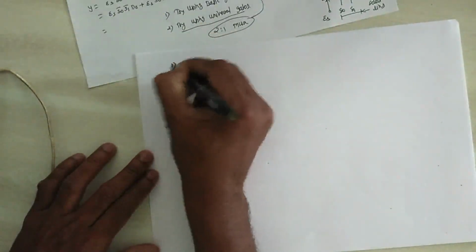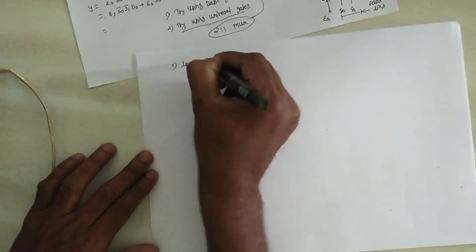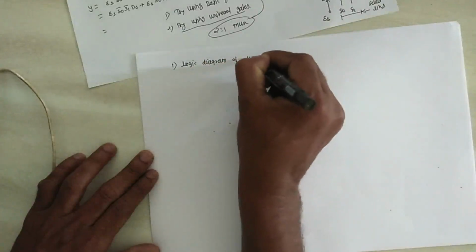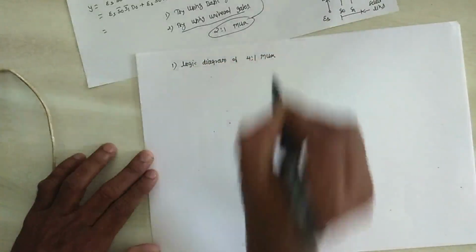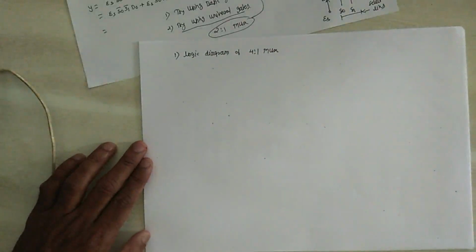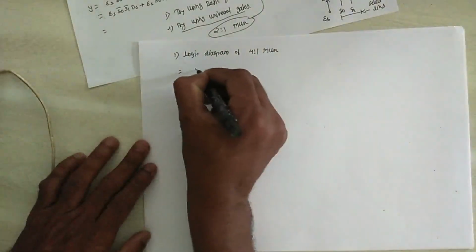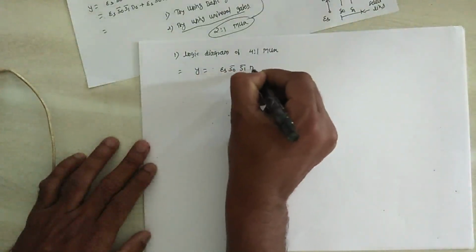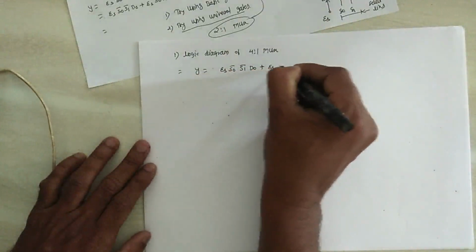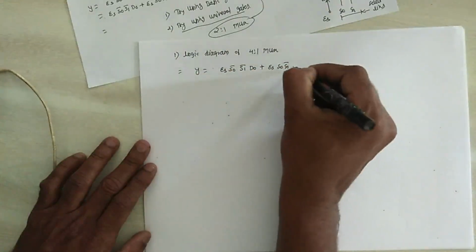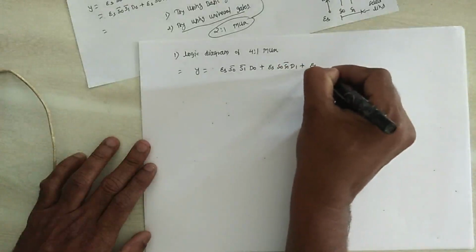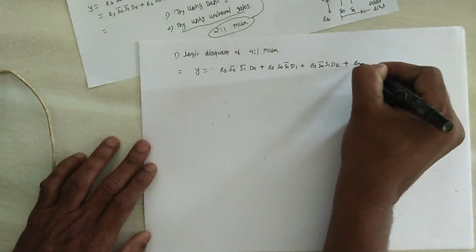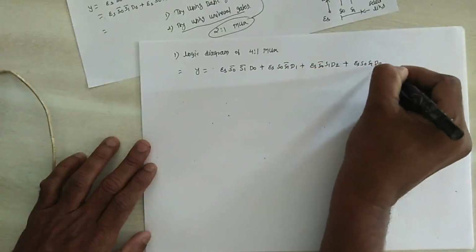First, write down once again the logic diagram of the 4:1 mux. Write down the equation: Y is equal to S0 complement S1 D0 plus S0 S1 complement D1 plus S0 complement S1 D2 plus S0 S1 D3.